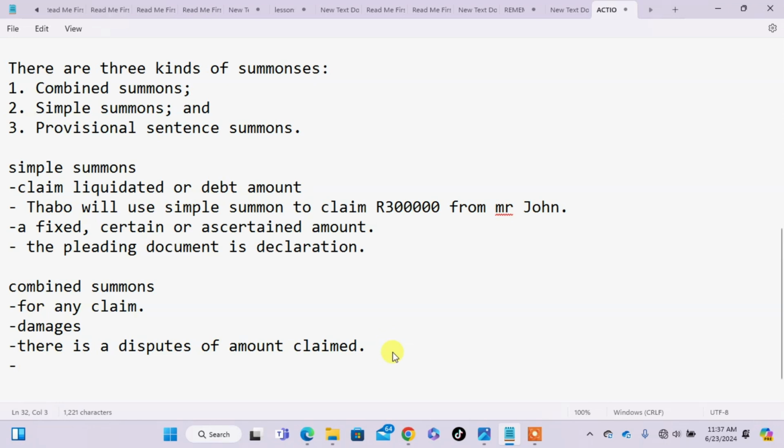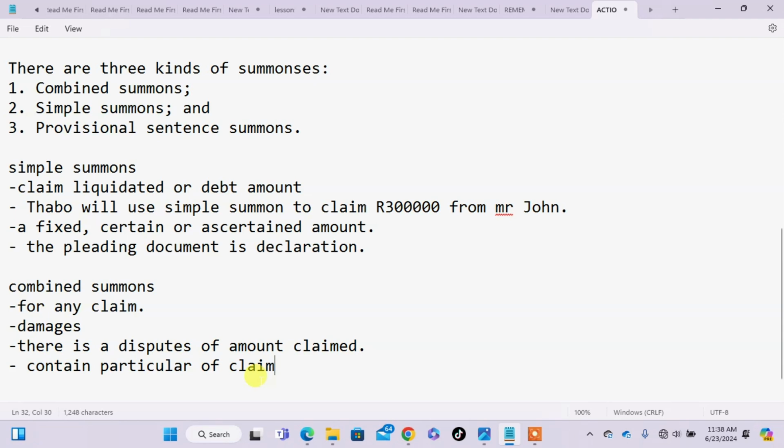Combined summon must contain... this means that the pleading document that must be used on the combined summon is particulars of claim, right? Particulars of claim. You must never forget. On the simple summon we say that the pleading document is a declaration, whereas on the combined summon we say the pleading document is particulars of claim.